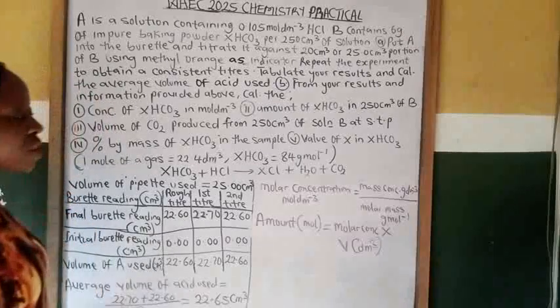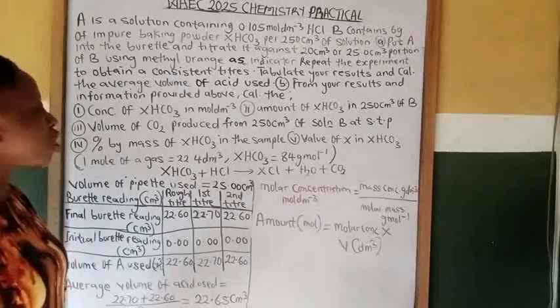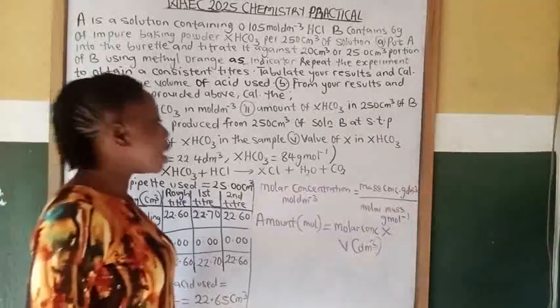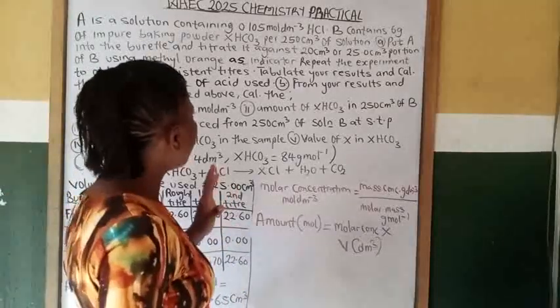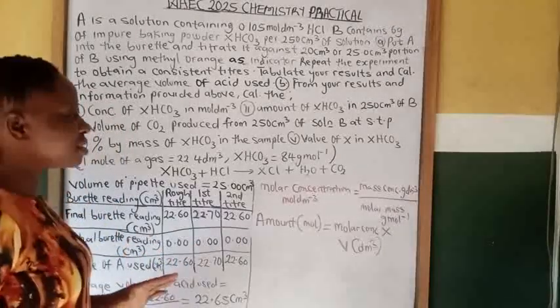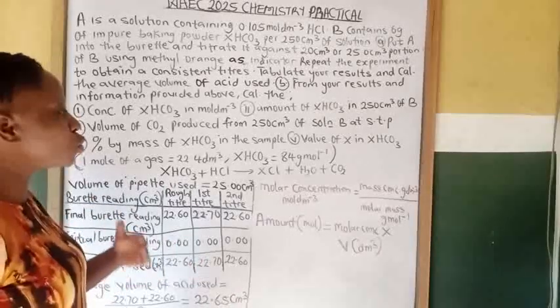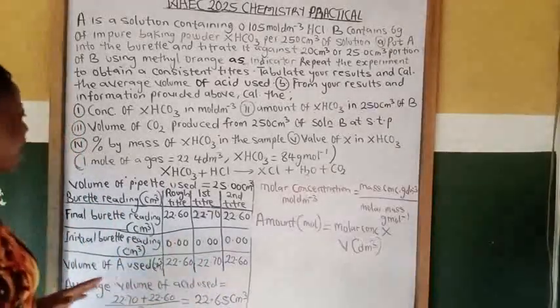Molar concentration multiplied by the volume of that substance in dm cube. So those are the common formulas that we can use under volumetric or quantitative analysis. For the other aspects, you use the mole concept. We always use the mole concept to solve the other aspects.